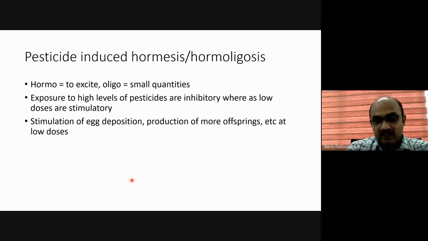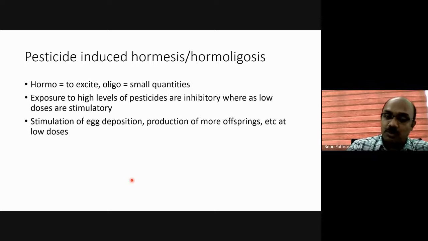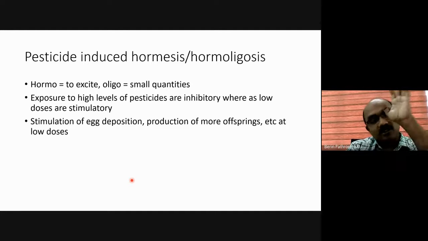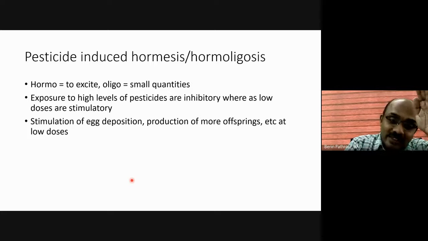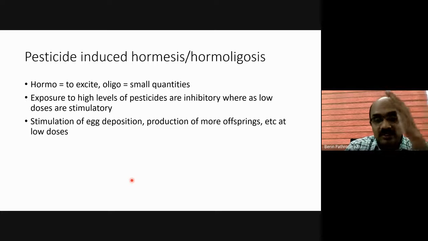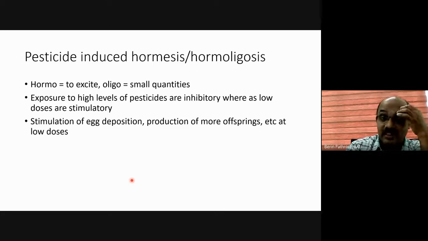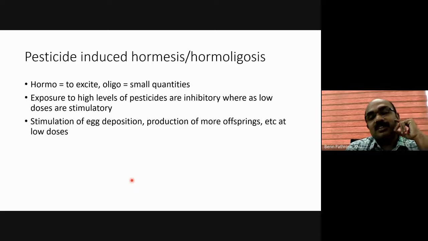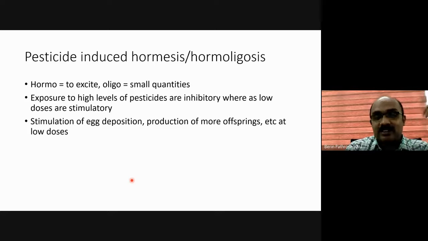That means if you are using a pesticide at higher concentration, it will lead to the mortality of the insect. But if the farmer doesn't use the recommended dose, and is using a sublethal dose of the insecticide, it will stimulate the multiplication of the insect. It can stimulate egg deposition, it increases the fecundity.